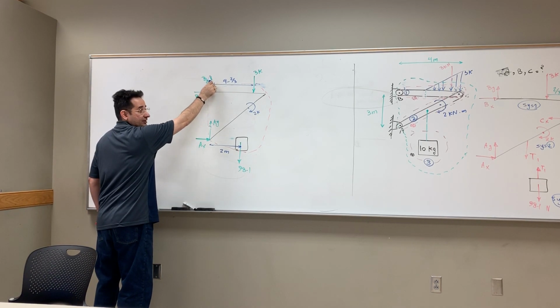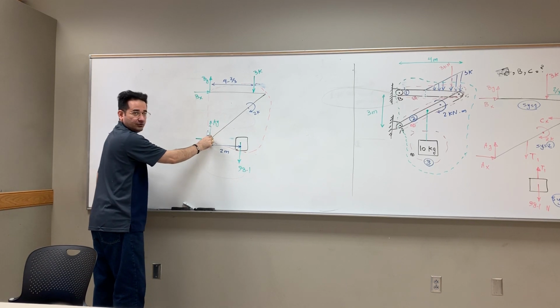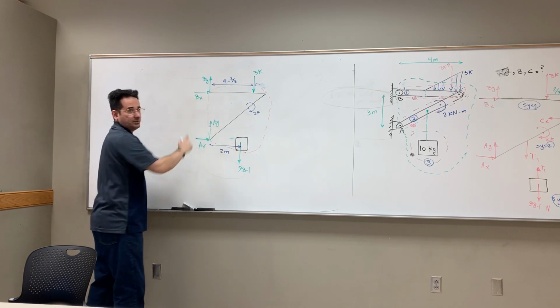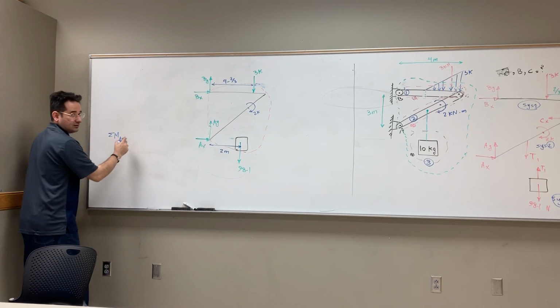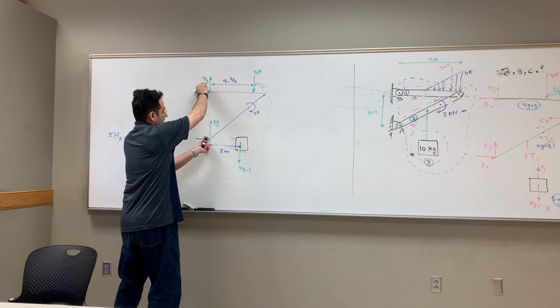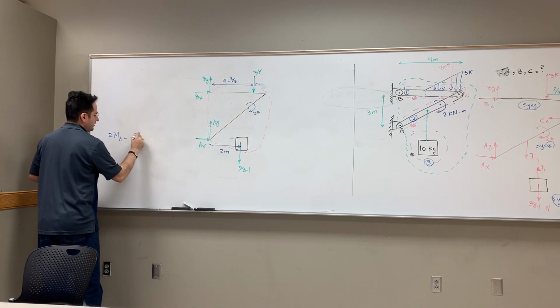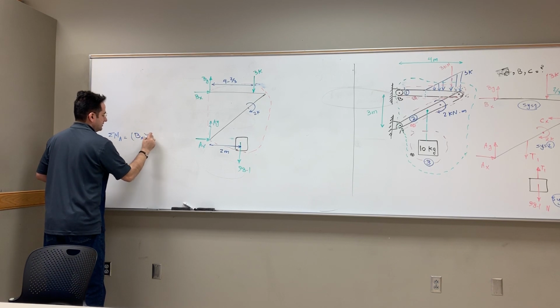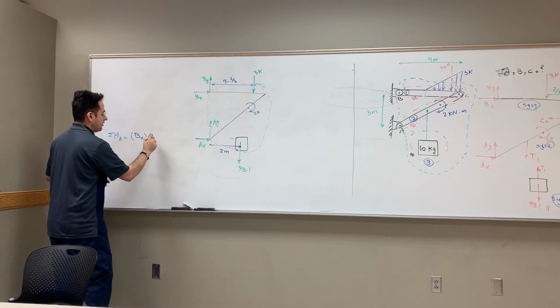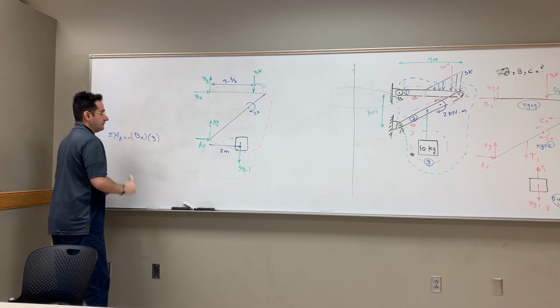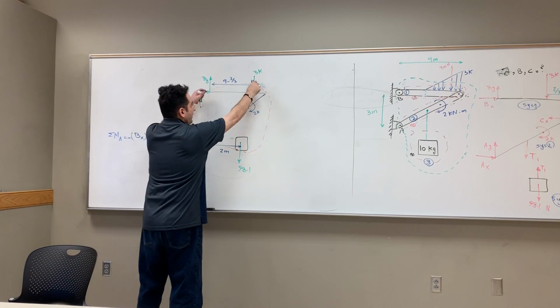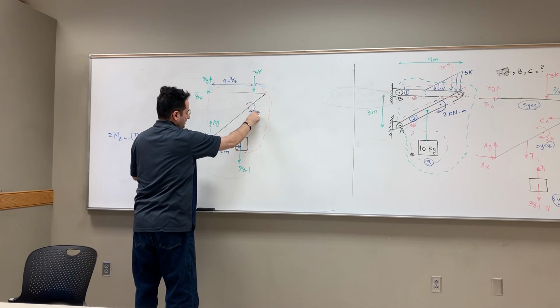What about this guy, By? 0, it's going through A. What about Bx? Bx has a moment. Oh yeah, it does. So Bx times distance, and the distance is 3. Positive or negative? Negative, thank you. And this guy, move it here.